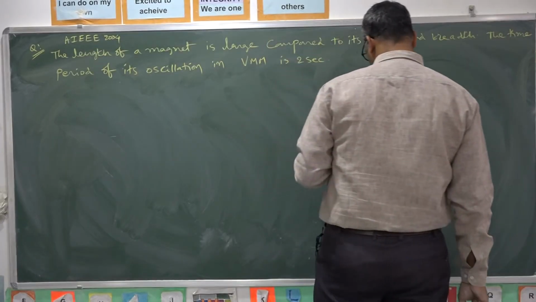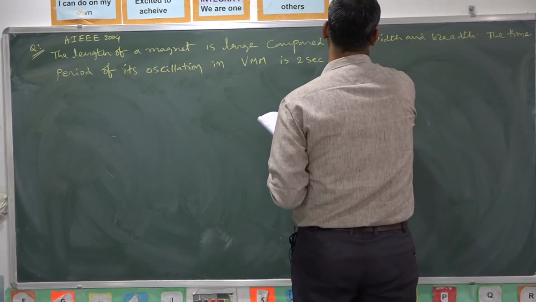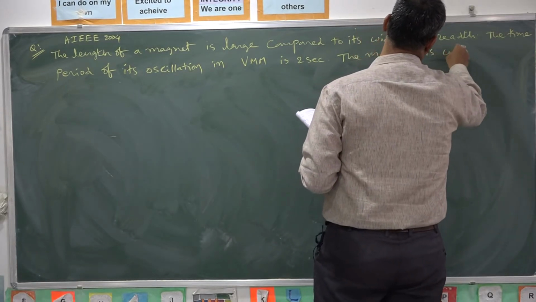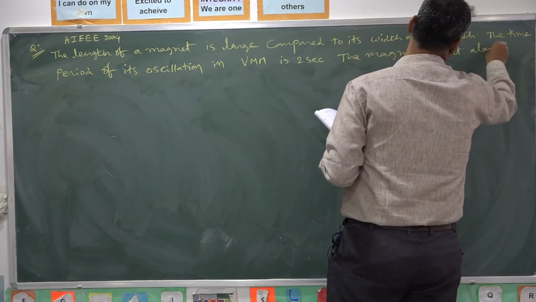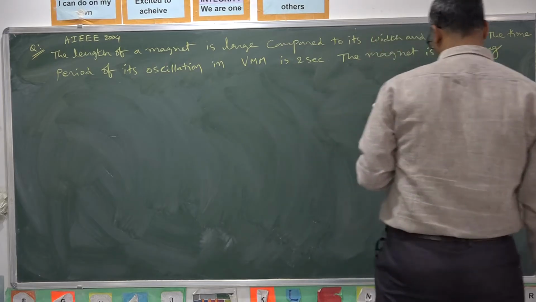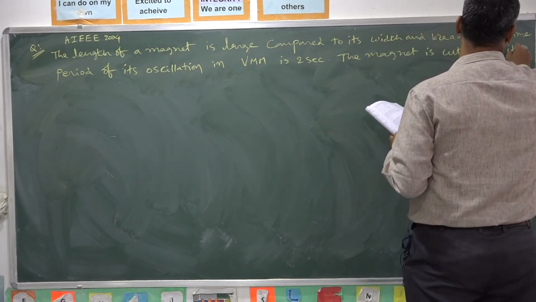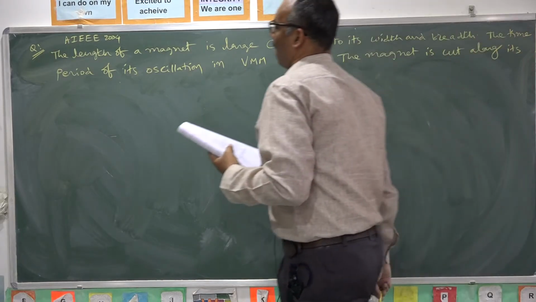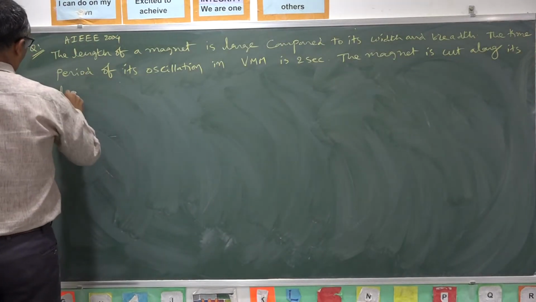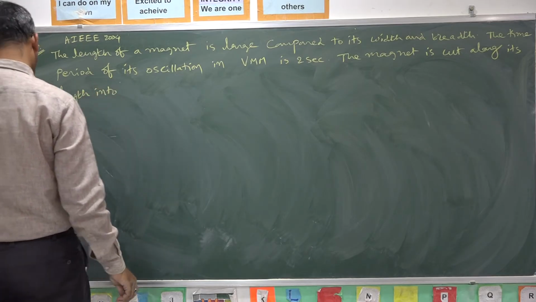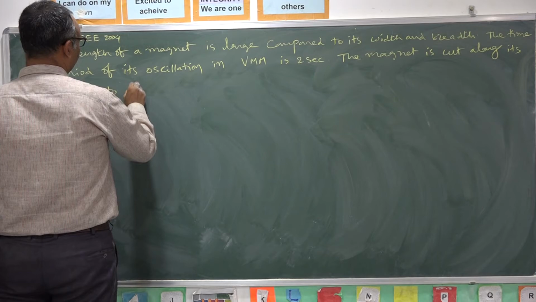The magnet is cut along its length into 3 equal parts.